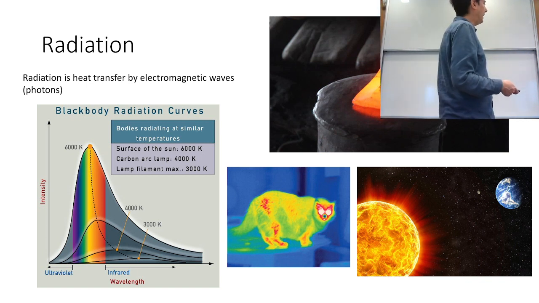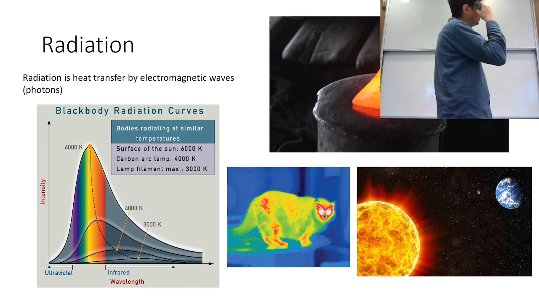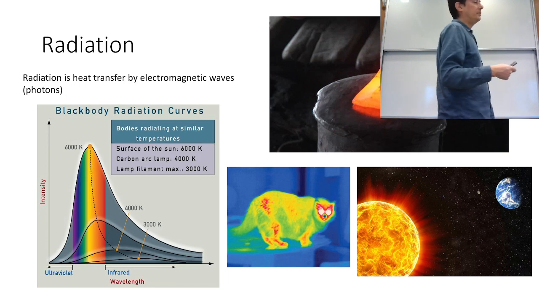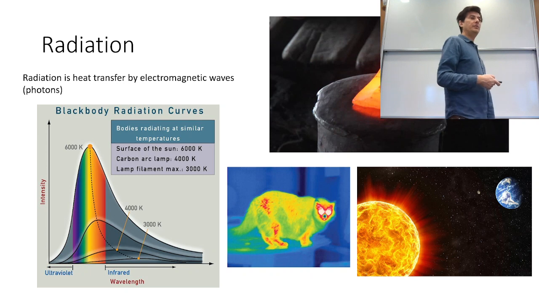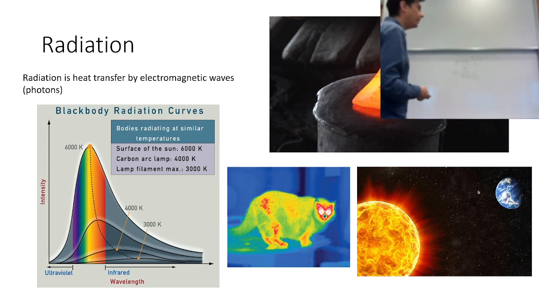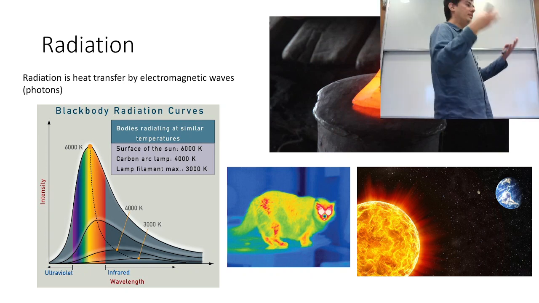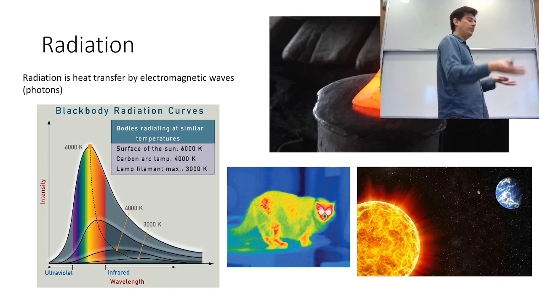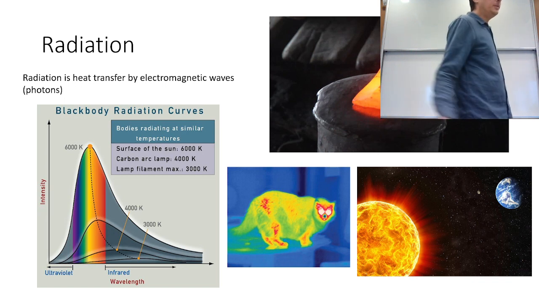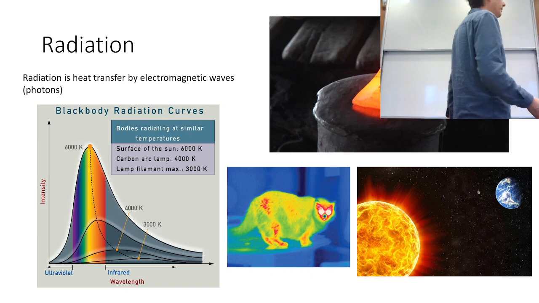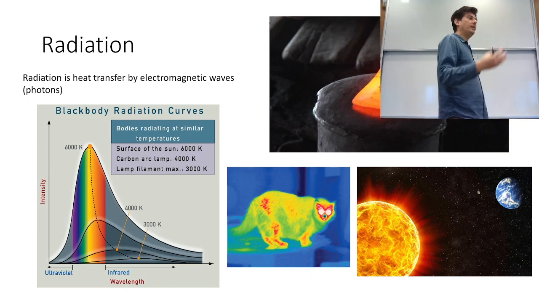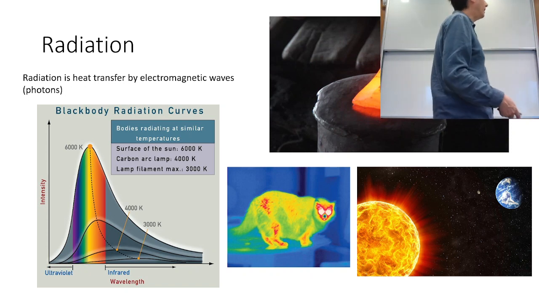And so basically anything that is above absolute zero, which basically means everything, is always emitting some light. It's always glowing. We don't notice it. Everything in this room is actually glowing, but we can't see it because it's not at the right wavelengths for our eyes, right?